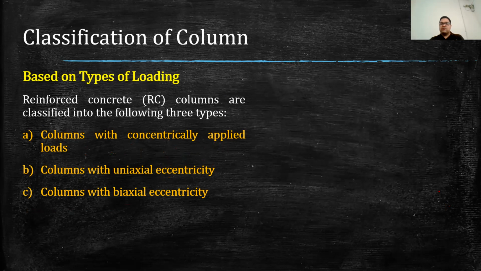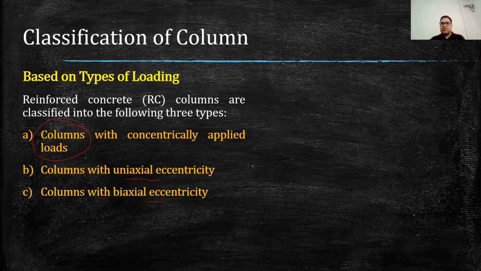Now, identifying columns in a building plan, whether it is axially loaded, uniaxially eccentrically loaded or biaxially eccentrically loaded, is very important for us. Columns in the axial category are very rare to find, because all the columns are either subjected to uniaxial eccentricity or biaxial eccentricity. But still, sometimes in the plan we can consider a column as an axially loaded column.